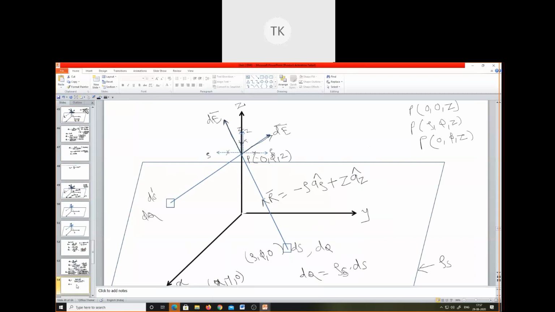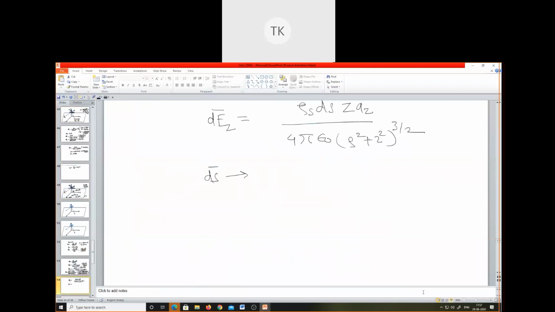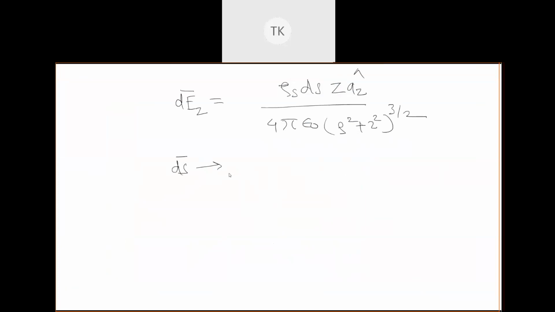Okay, so we will calculate dS. dS will be rho d rho d phi. So what will be the effective expression?